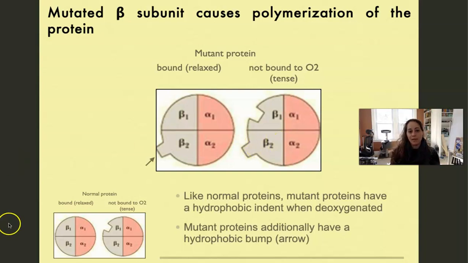So what's going to happen is when many of these hemoglobin molecules in a single cell are mutated and have this hydrophobic bump or protrusion, then you're going to get the aggregation or the clumping of hemoglobin molecules.